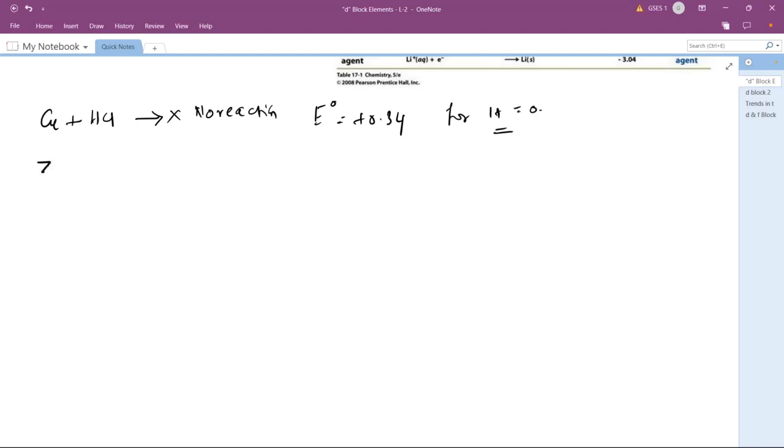But in the case of zinc, zinc plus HCl gives ZnCl2 plus H2. This is possible because the E naught value is negative, minus 0.76. So this is the reason.